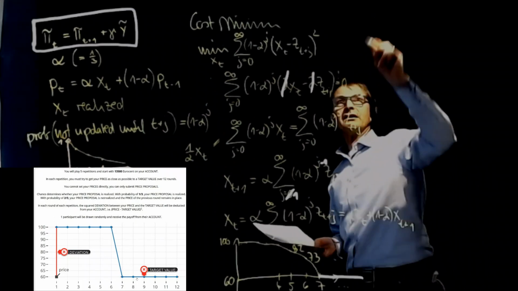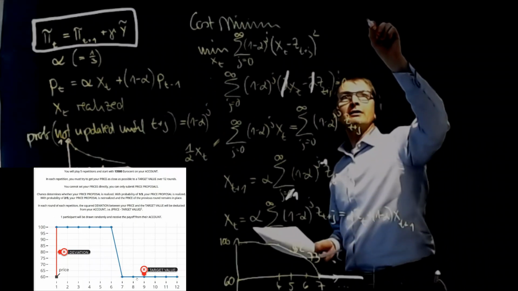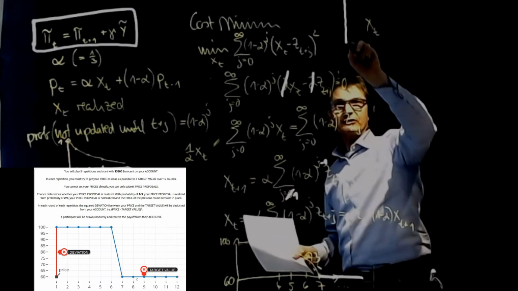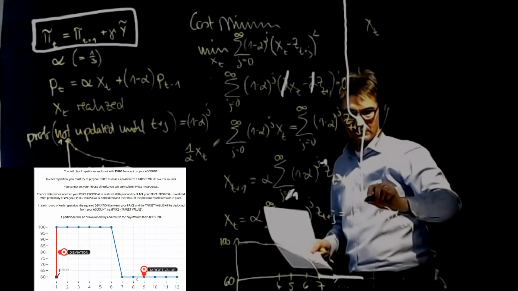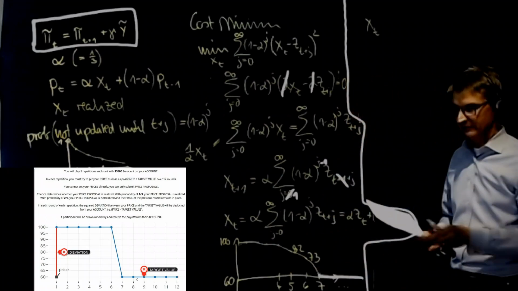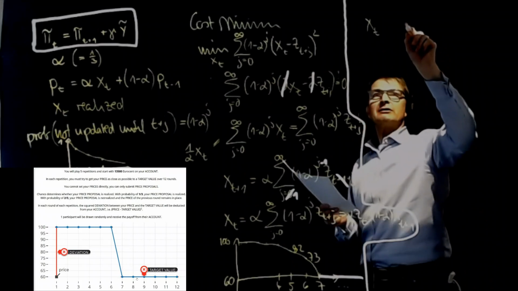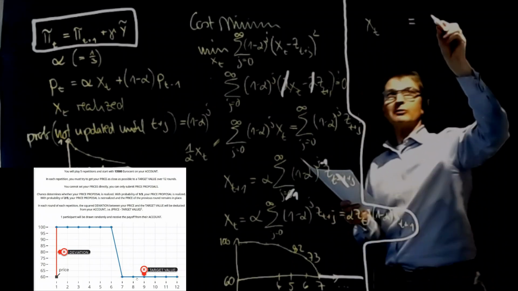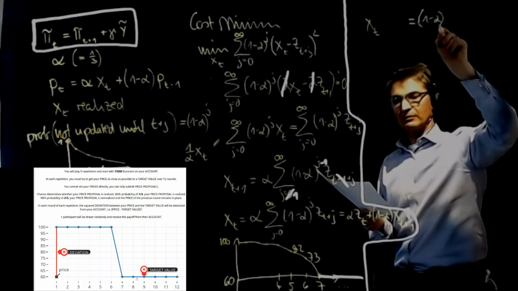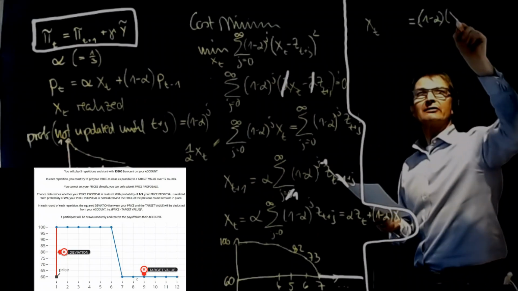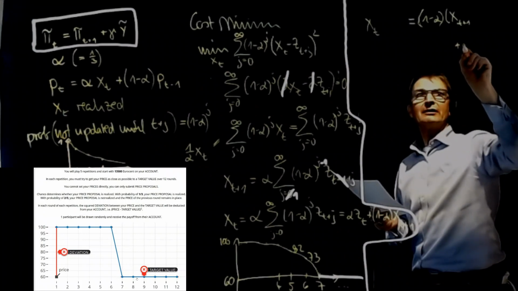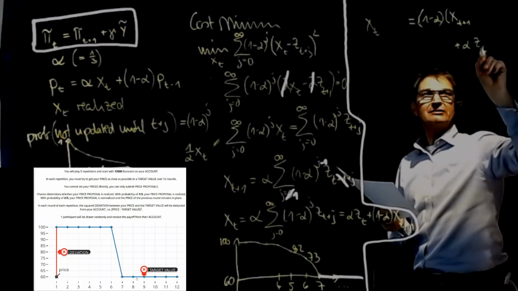Here I tell you how it goes. So my Lightboard is a little packed already. Okay, give it a try. So I have the x_t should be equal to (1 minus alpha) times x_{t+1} plus alpha z_t.